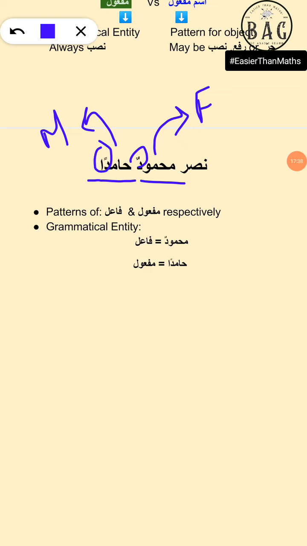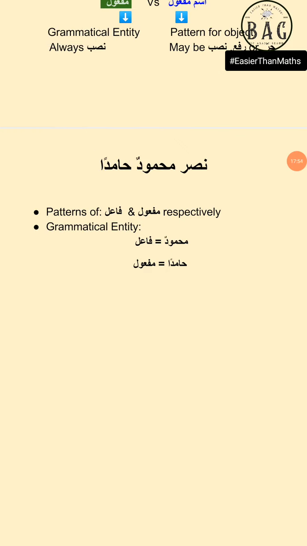However, the patterns of mahmudun and hamidan are actually those of maf'ulun and fa'ilun respectively. Mahmudun rhymes with the pattern of maf'ulun, and hamidan rhymes with the pattern of fa'ilun. So once again, these are the patterns of ism maf'ul and ism fa'il, but grammatically they are going to be labeled as fa'il and maf'ul.